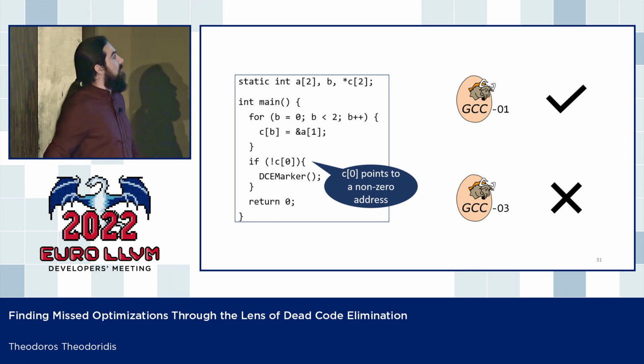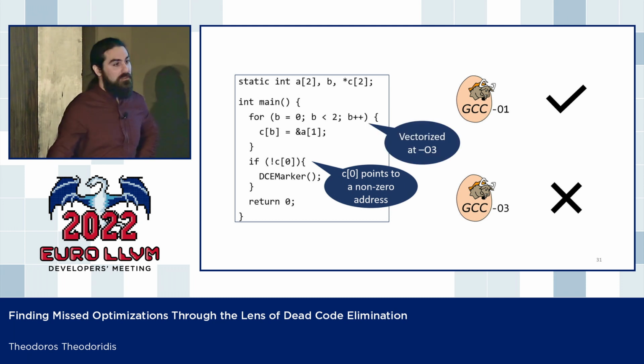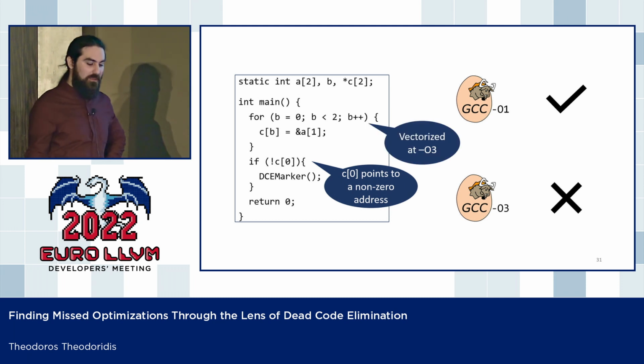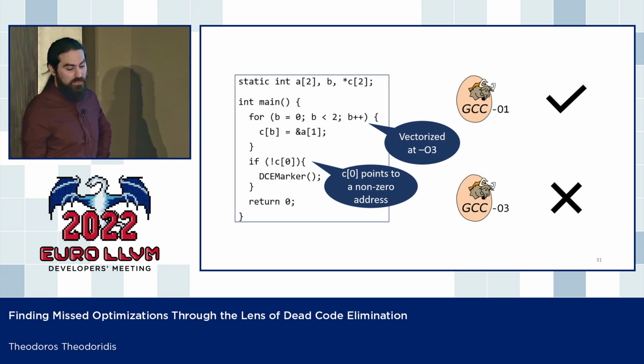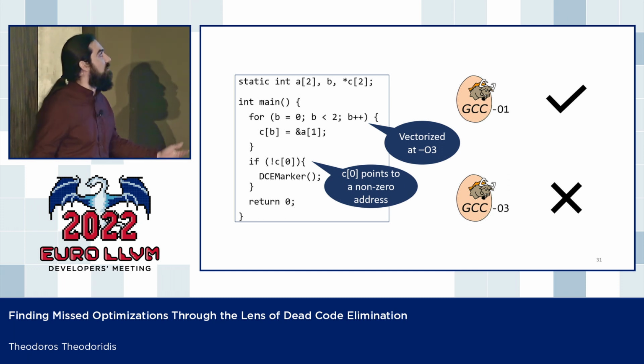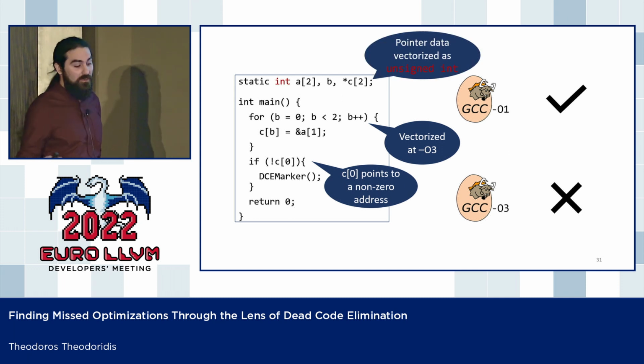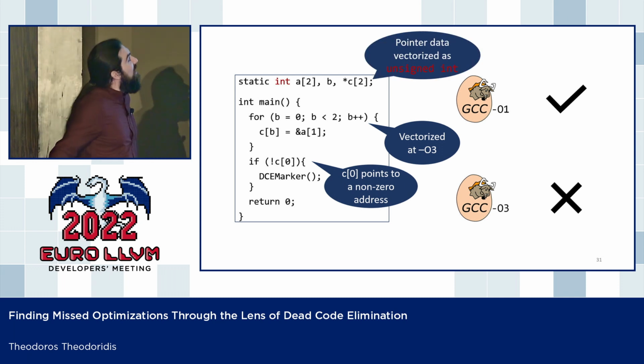But the problem was that at O3, this loop got vectorized. And the way GCC vectorizes pointer data, and in this case this C star array is pointer data, is by using unsigned integers. But the type of these arrays was signed integers.